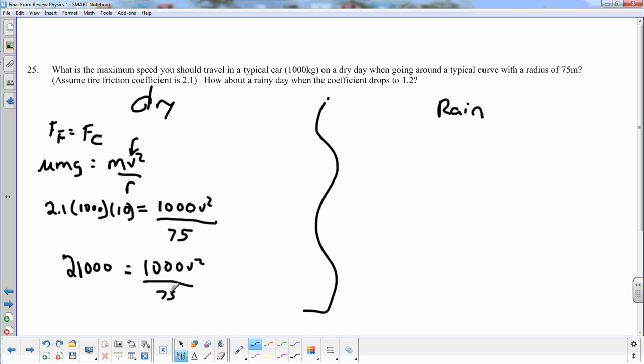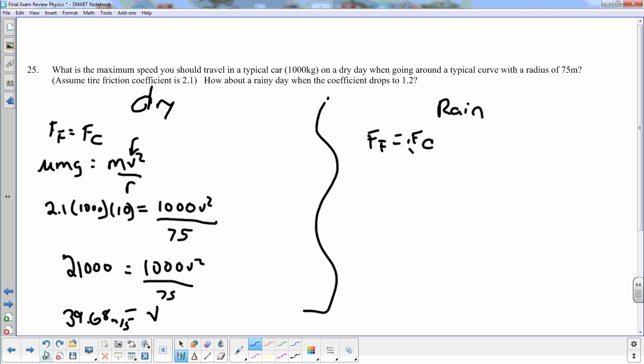Again, FF is FC. The thing making you go around in circles is frictional force. And again, mu mg equals mv squared over r, but now I'm going to save the headache. Get rid of the m's. Mu on a rainy day is 1.2, not 2.1, equals v squared over r.